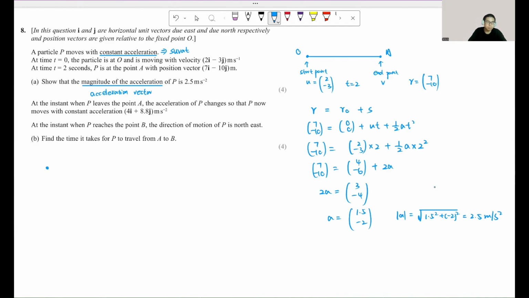So we now use point A as the start point, and then P moves to point B. We know the acceleration is equal to 4 and 8.8 meters per second squared. Because we're looking for the distance A to B, we let B be the endpoint.